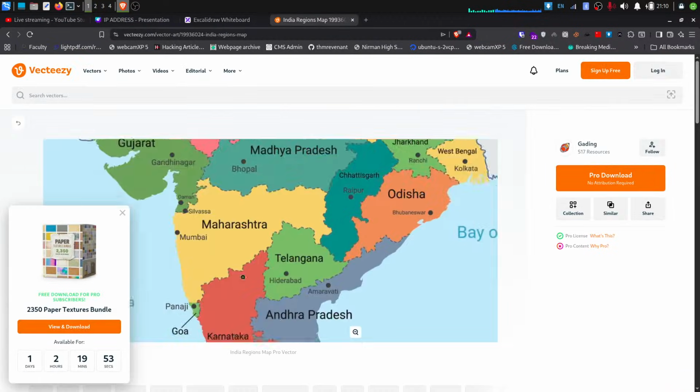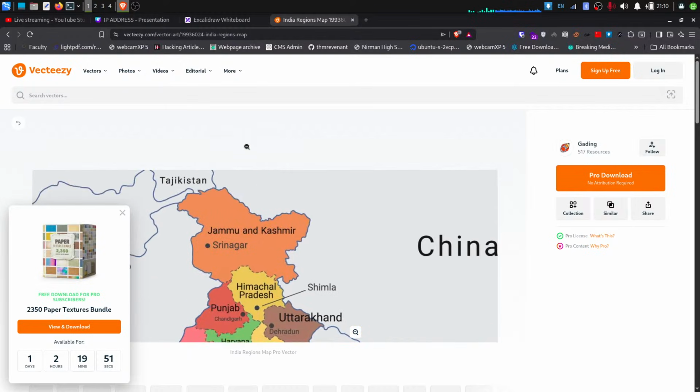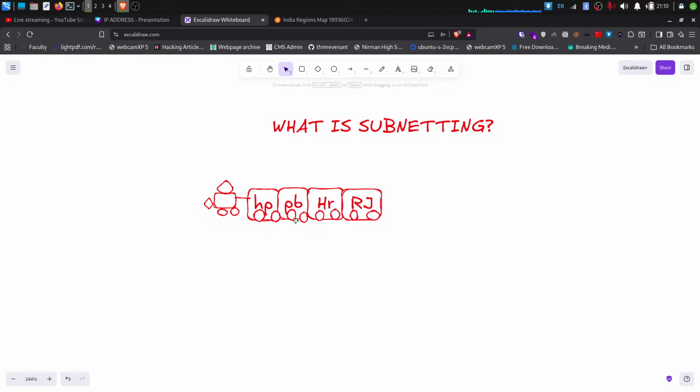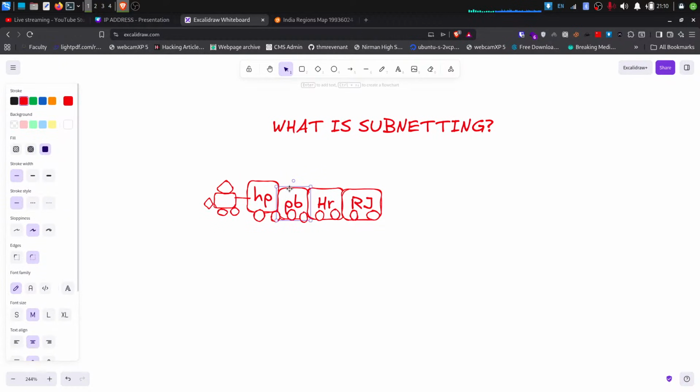First state is HP, second one was Punjab, third one was Haryana, and fourth one was Rajasthan. So we have four states here, and this is a train which goes through these states.